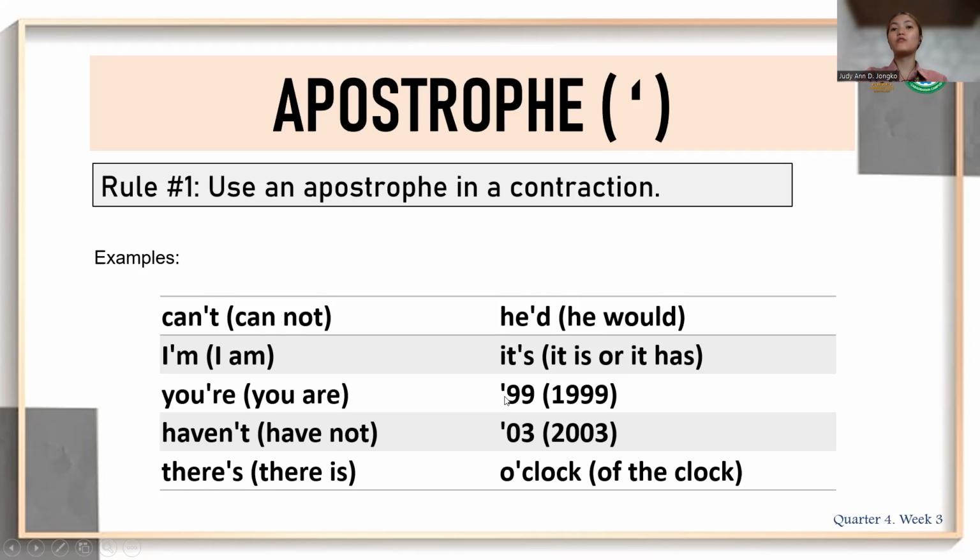If you encounter this form, you're just going to pronounce it as 1999, since this is a contraction for 1999. Same with apostrophe 03, you're just going to read it directly as 2003. And the last example is o'clock, which is the contraction for of the clock.